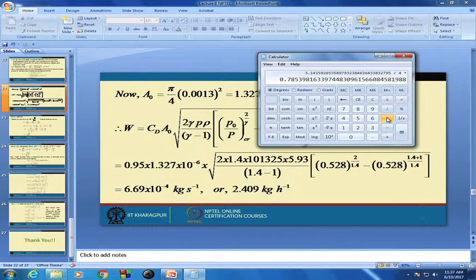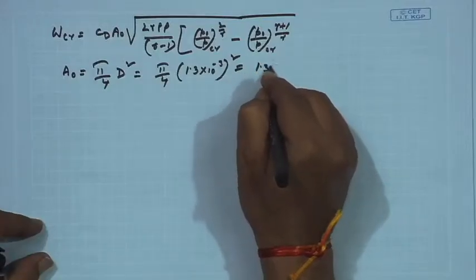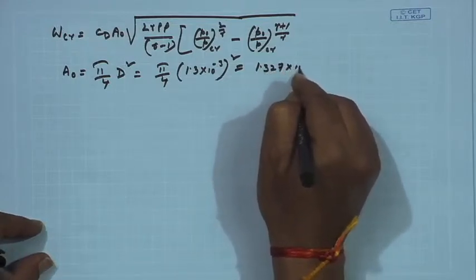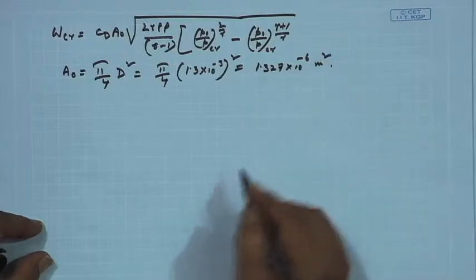The square of this is this, right. So, this becomes equal to 1.327 into 10 to the power minus 6 meter square, right.